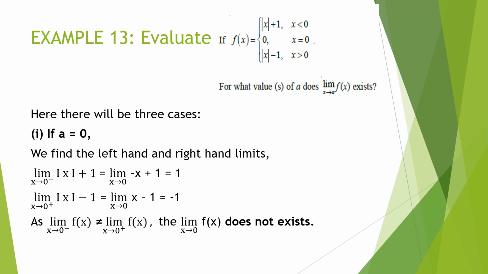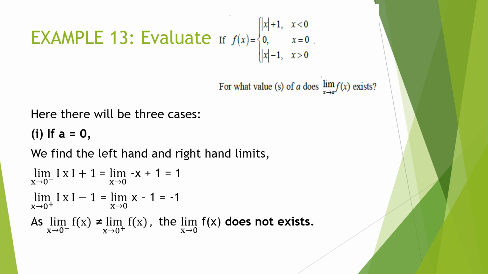Suppose a is exactly equal to 0. We first try to find the left hand and right hand limits. Left hand limit, x tends to 0 minus, means x is approaching 0 from the left hand side. So in this case the values of x will be less than 0.